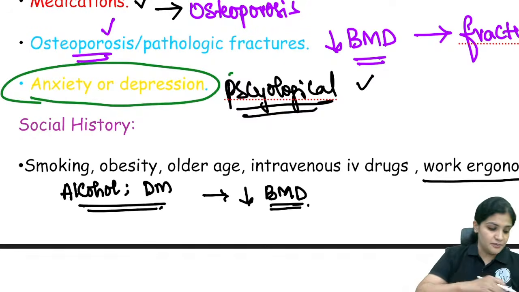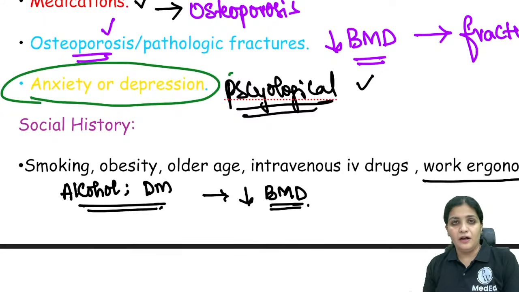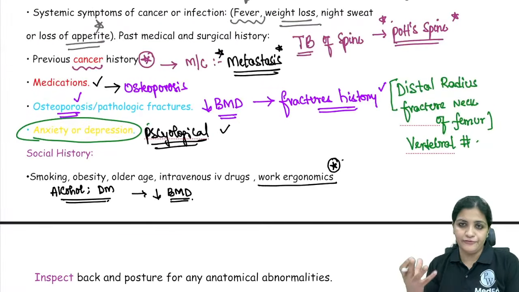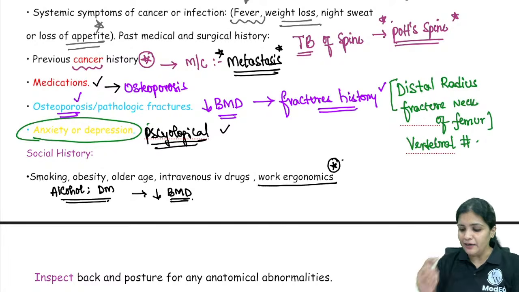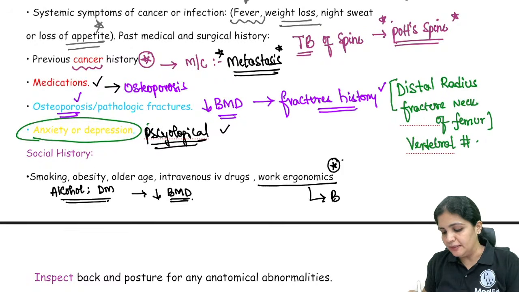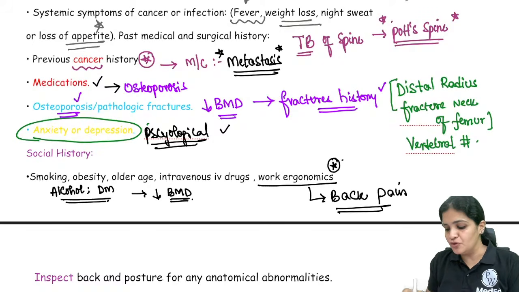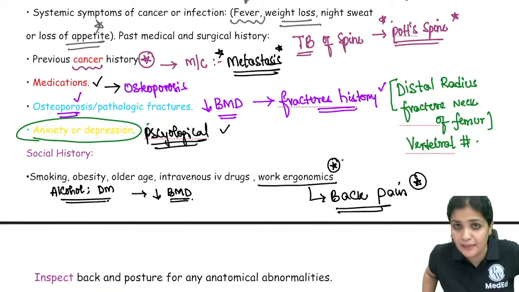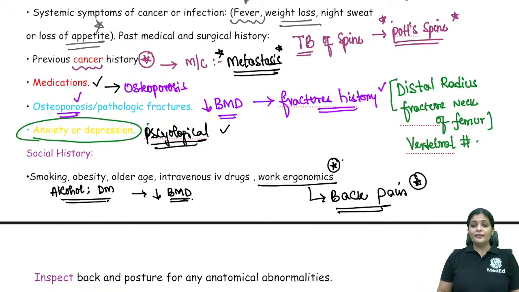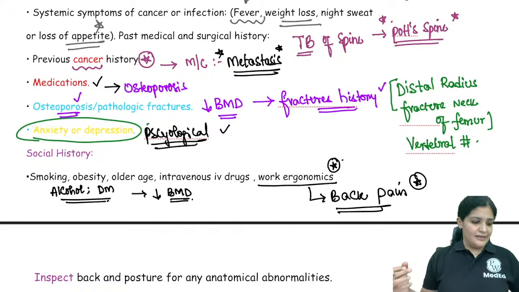And again the patient might land up with various symptoms of back pain. But remember, work ergonomics play a very important role, especially in back pain. The posture in which they sit, the posture in which they work, prolonged standing, prolonged sitting, prolonged travel, all this plays an absolutely important role when it comes to clinics.